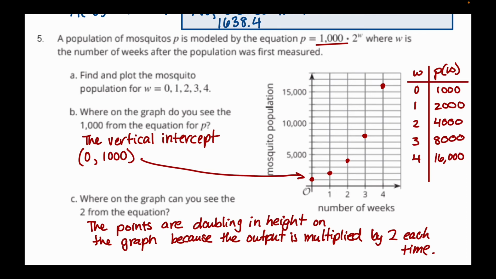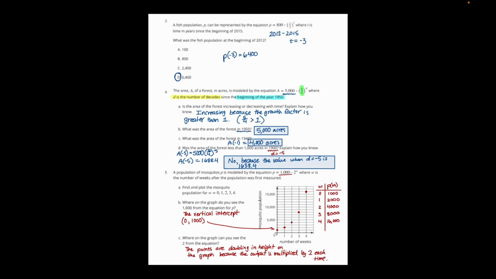And that would be my explanation for that. Our output is multiplied by 2 each time, so we can see in the way that it's growing that our height is doubling. And that brings us to the next question. So that's the bottom of that page. Let's flip over. And then questions 6 and 7 here should be our last questions.